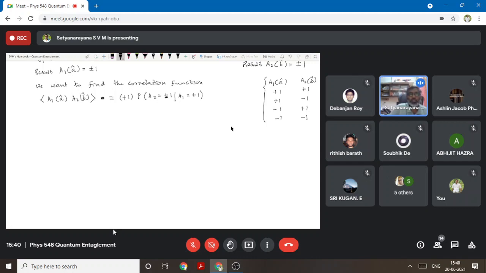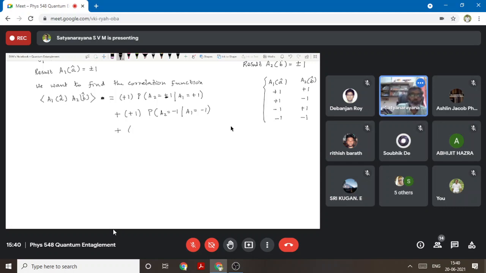This is a kind of conditional probability. Plus, I will have again +1, where the probability that A2 is equal to -1 given A1 is also equal to -1.